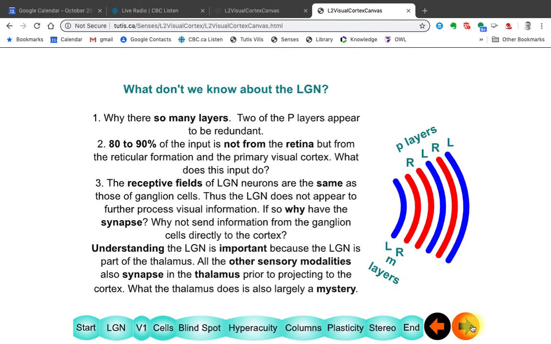Now, what do we not know about the LGN? There are several surprising things that we don't know about the LGN. First of all, why does it have so many layers? It would seem that at worst 4 would be enough, but for some reason it has 6.